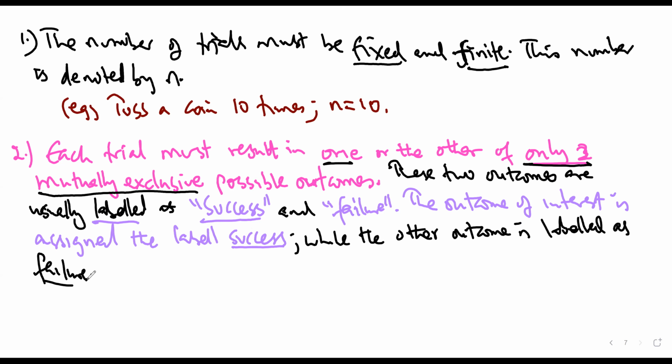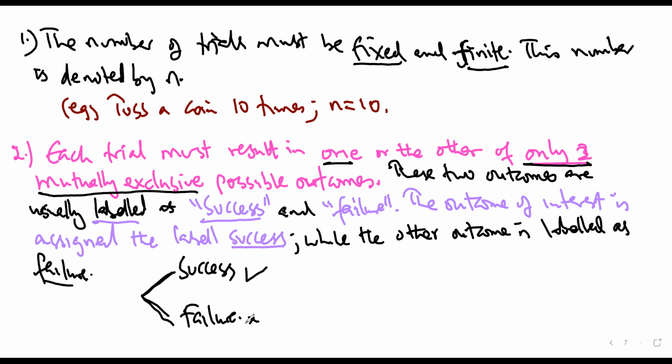So there are two possible outcomes like this. One of them is called the success outcome, and the other one is called the failure outcome. This is the one that we're interested in. This one is the one that we're not interested in.